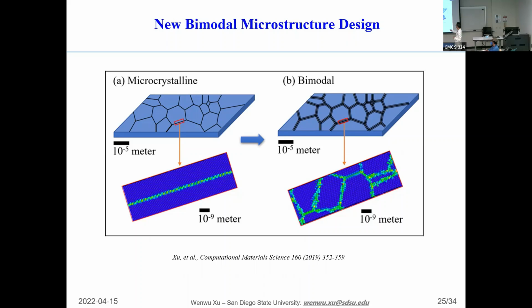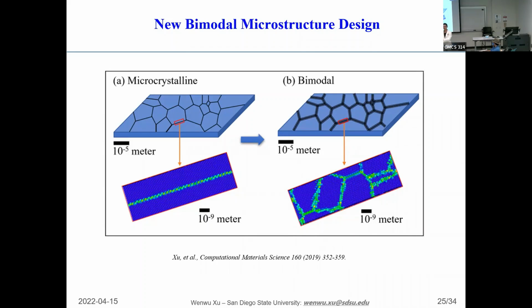For example, if I start with a microcrystalline structure in which we have a grain size from a few micrometers to a few tens of micrometers, and then we are able to manipulate the grain boundary and replace those grain boundaries by the nanocrystalline structure, that means we have a network of nanocrystalline grain boundaries. Imagine that some dislocation is generated inside this crystal and moves to this network region.